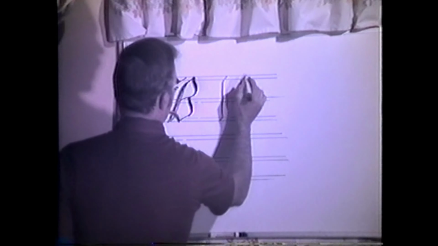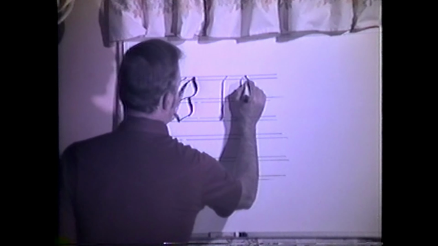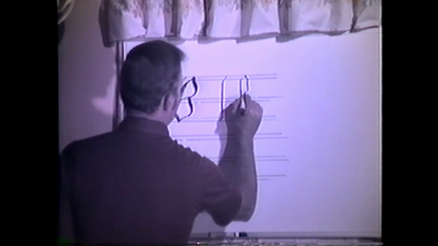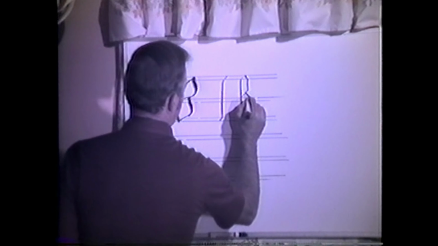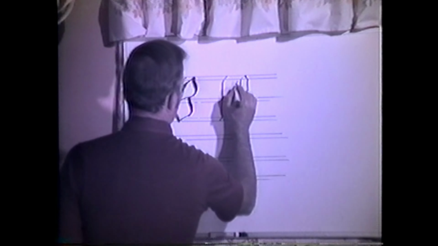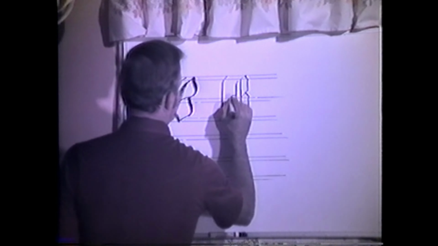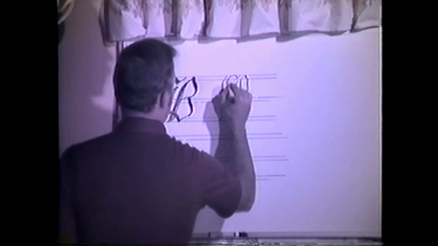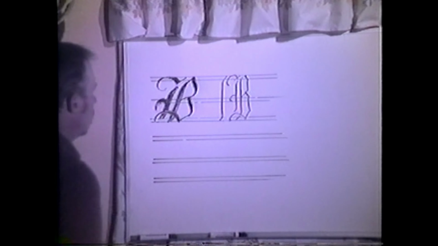You've got a thin line, and then you take it, one stroke of the pen, and you can make the Old English lettering the way it's supposed to look.